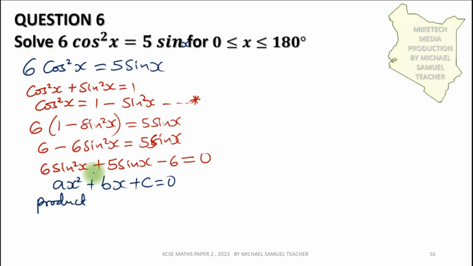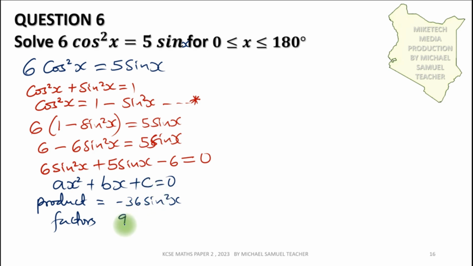AC will be, we have 6 sine x squared times minus 6, so the product is minus 36 sine x squared. So we need the factors such that when we add them, we shall get plus sine x. So the factors of negative 36 will be 9 and minus 4.